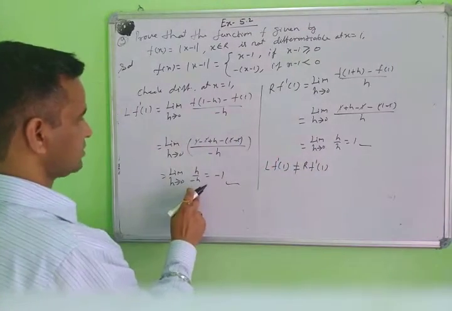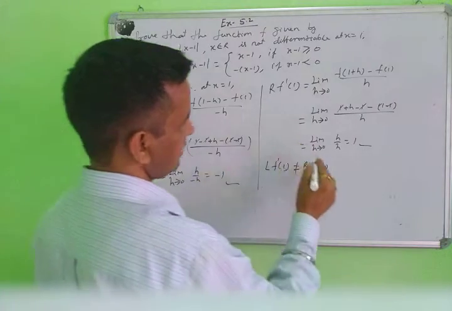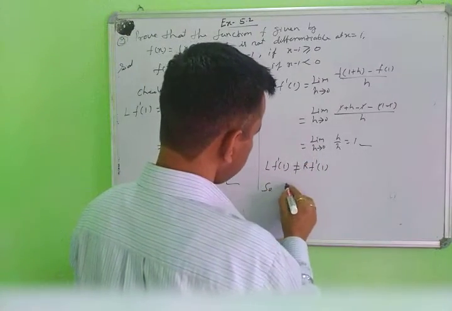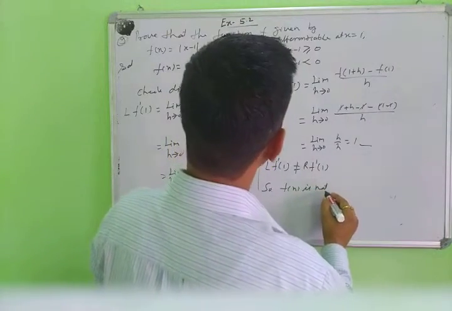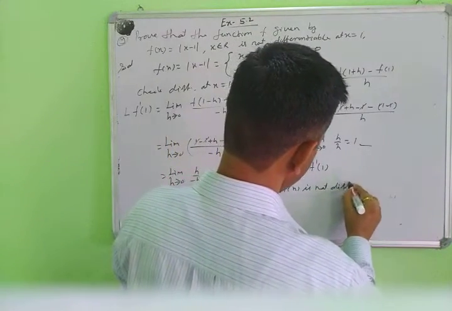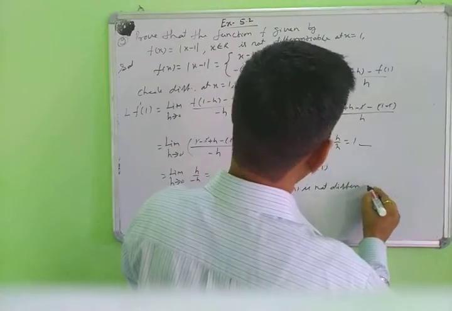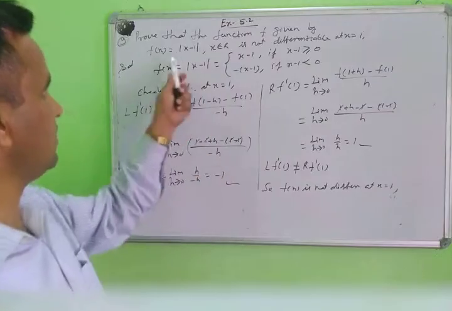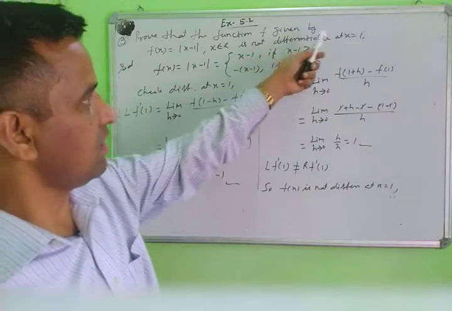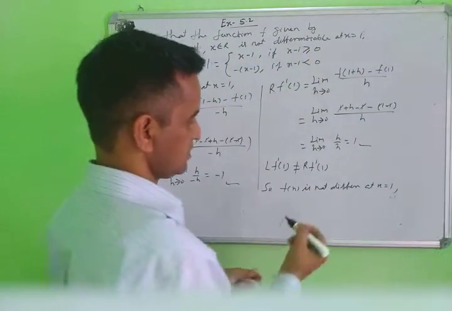These values are not equal. So then you can write that f(x) is not differentiable at x equal to 1, which means this function is not differentiable at x equal to 1. So this is proved. Hence proved.